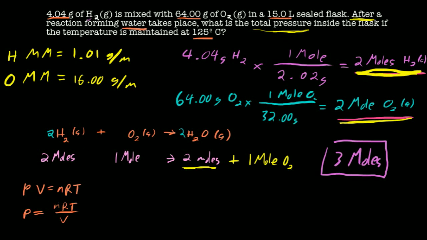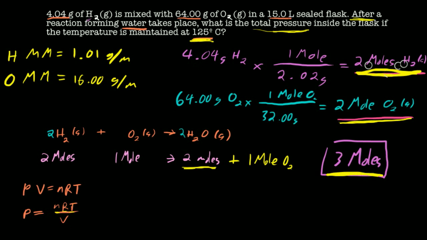Let's just make sure that we have all the information we need. Do we know what the temperature is? Yes, we do. The temperature is going to be maintained at 125 degrees Celsius. We know what R is, our ideal gas constant. We've just figured out what n is going to be.